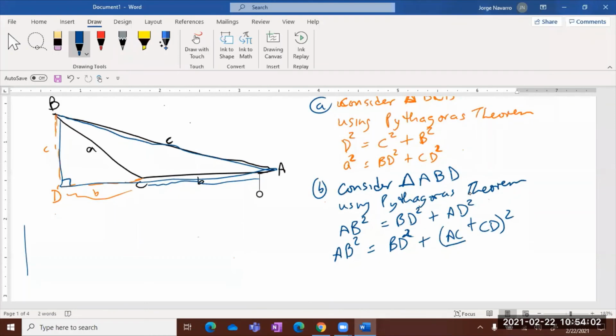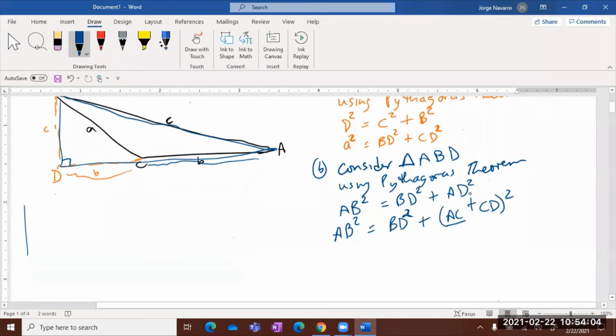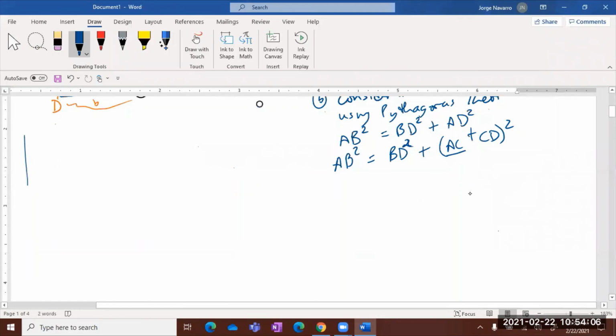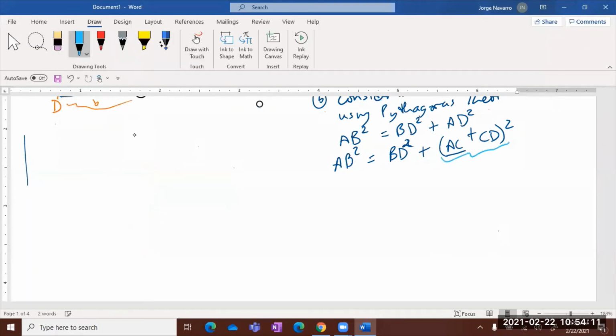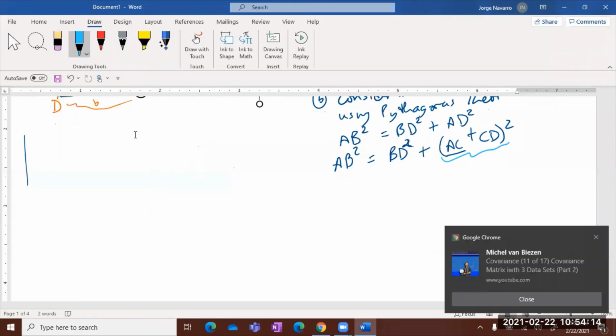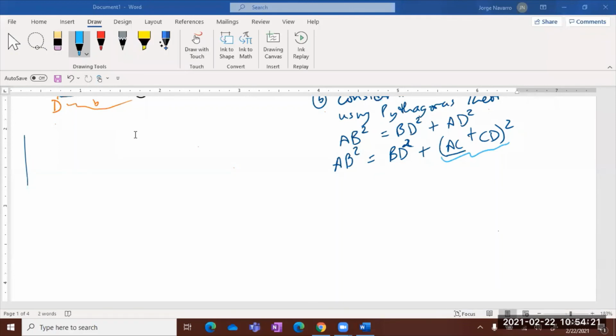Now that we have that into consideration, this piece right here, I'm going to even put it in a different color. This piece is following a different rule. I'm going to need to use (a plus b) squared, which is a squared plus 2ab plus b squared, for this part right there.